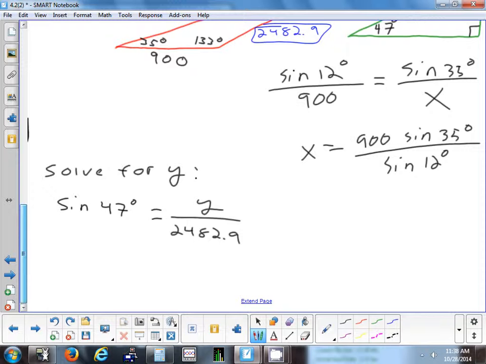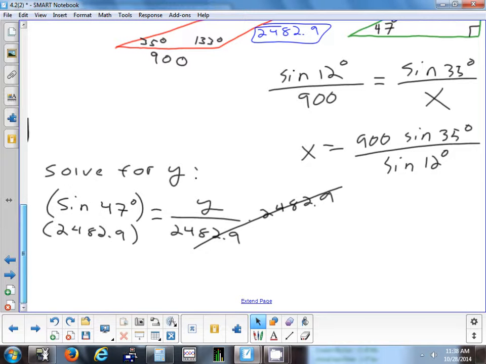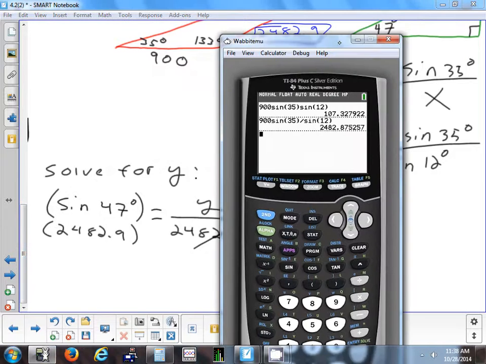Okay, last step to get the height of the mountain, times by what? Yeah, the 2,482.9. So multiply each side by 2,482.9. And that will give me the height of my mountain.